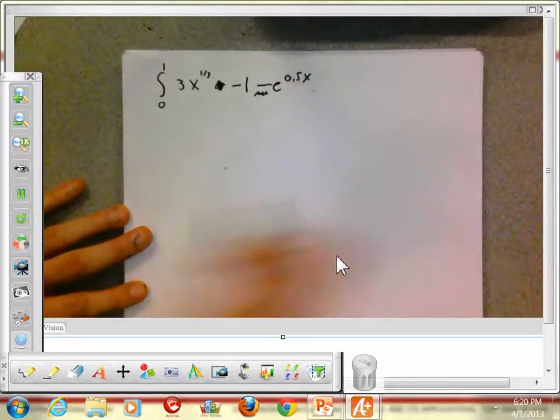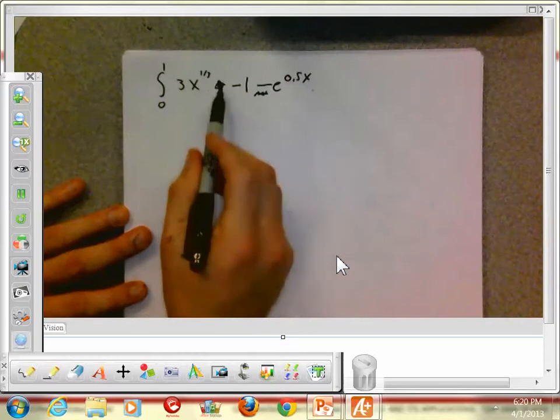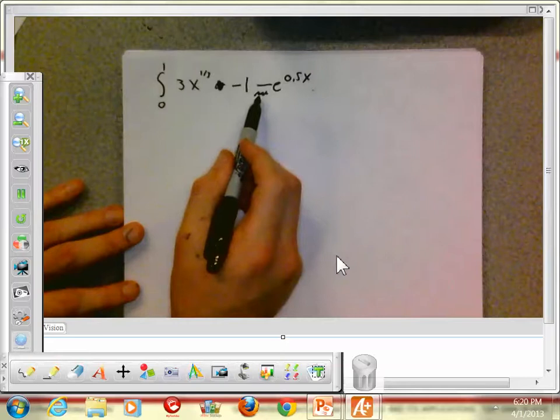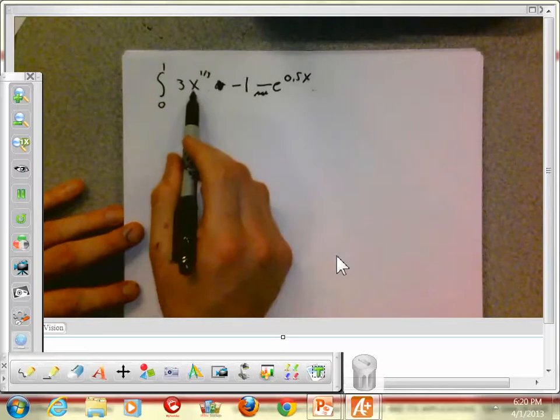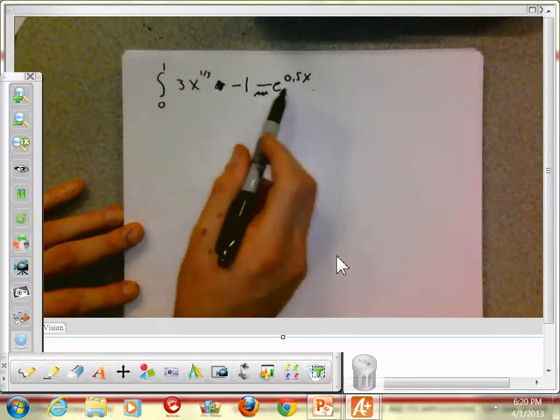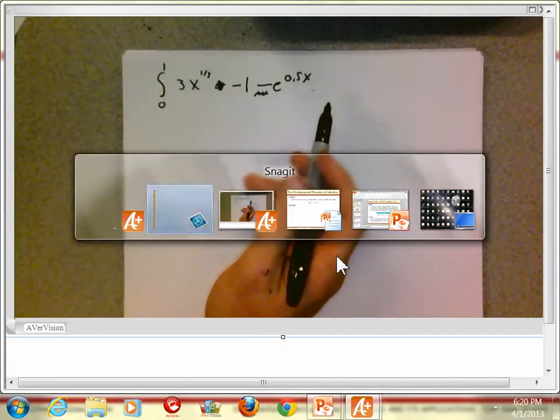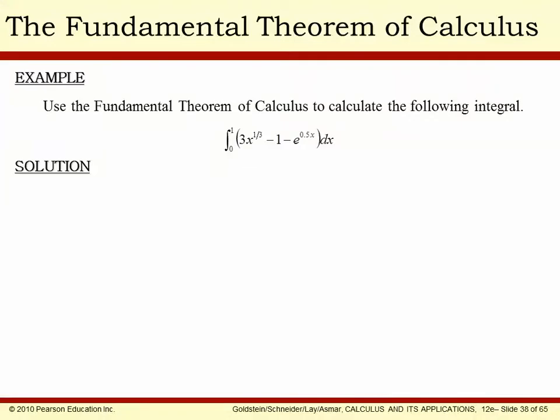Can everyone read that okay? I had two mistakes I crossed out. That's a minus 1, and that line was just a typo there. So it should be 3x to the 1/3 minus 1 minus e to the 0.5x. And in case my handwriting's a little off there, I'll just flash this up on the board again. I just recopied that problem.